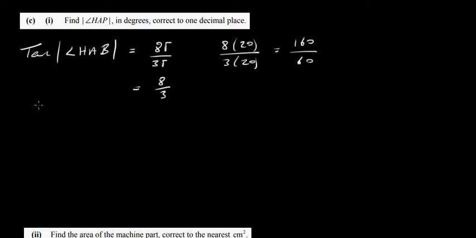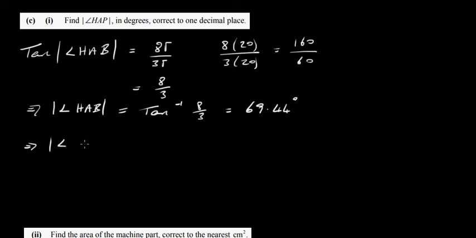So the angle HAB is just going to be tan inverse 8 over 3. That's going to give me 69.44 degrees. Now I don't want that angle, I want to double that angle, so I actually want the angle HAP.